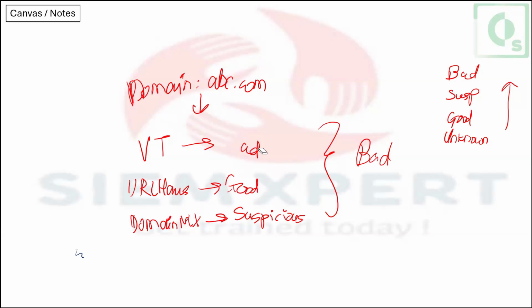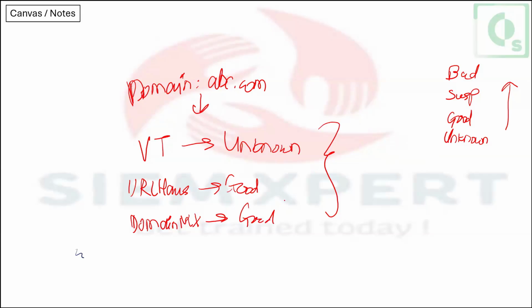Let's say, for example, this is unknown, sorry for my handwriting, guys. Now, out of unknown, good, and suspicious, suspicious is the worst verdict, and the verdict of abc.com will be suspicious.